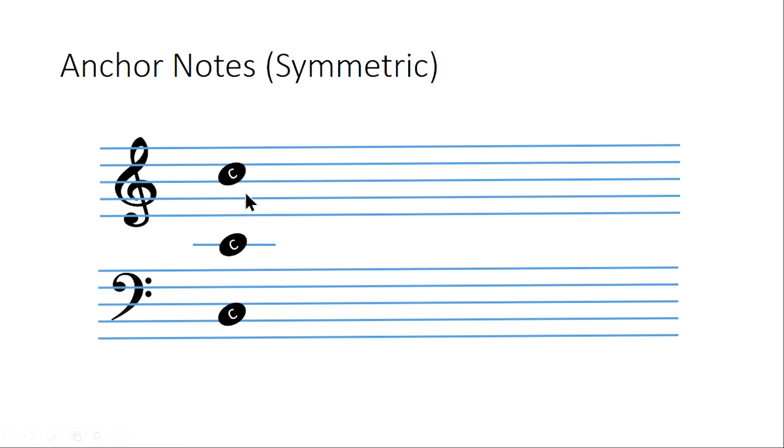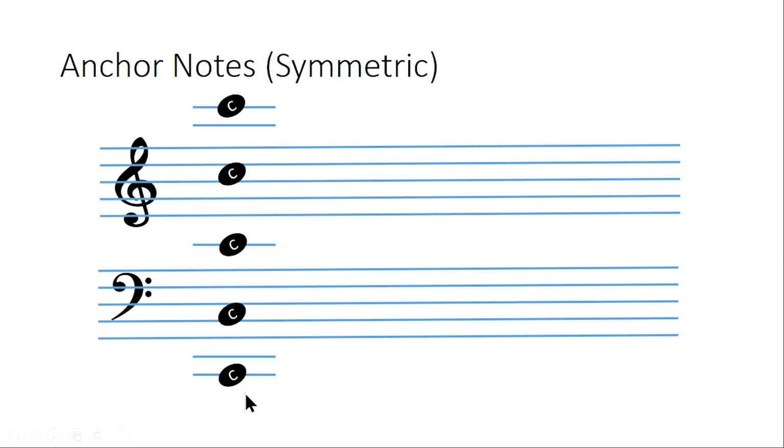This is 1, 2, 3, the third space. 1, 2, 3, third space down, it's also C. And the high C right here is two lines above the treble clef, and another one is two lines below the bass clef. So these are all C.